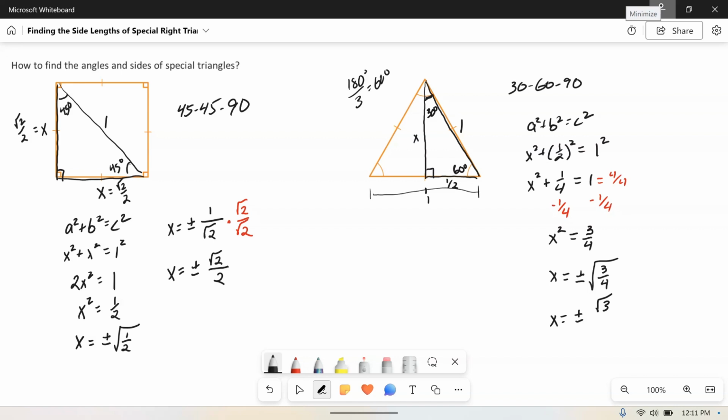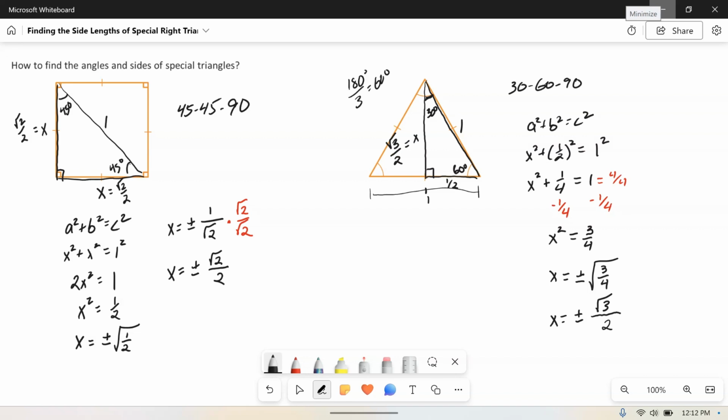So it's the square root of 3. And then the denominator, the square root of 4, is just a 2. So we find out that x, which is the length of this longer side of the triangle, is equal to plus or minus square root of 3 over 2. And again, we don't want to deal with a negative, so we'll just say the length of this side is the square root of 3 over 2.